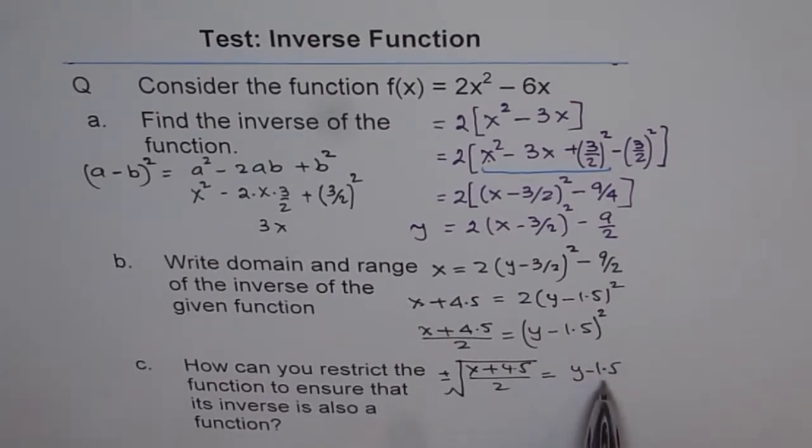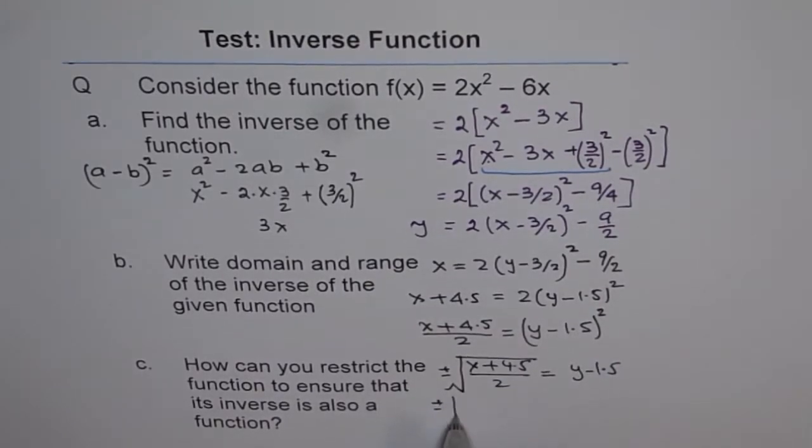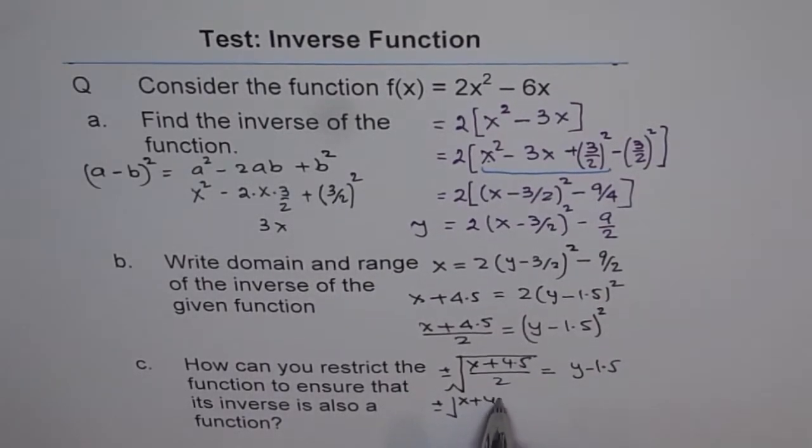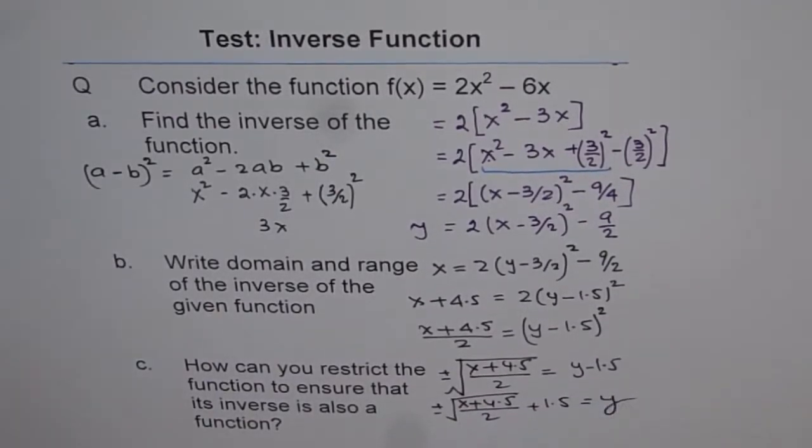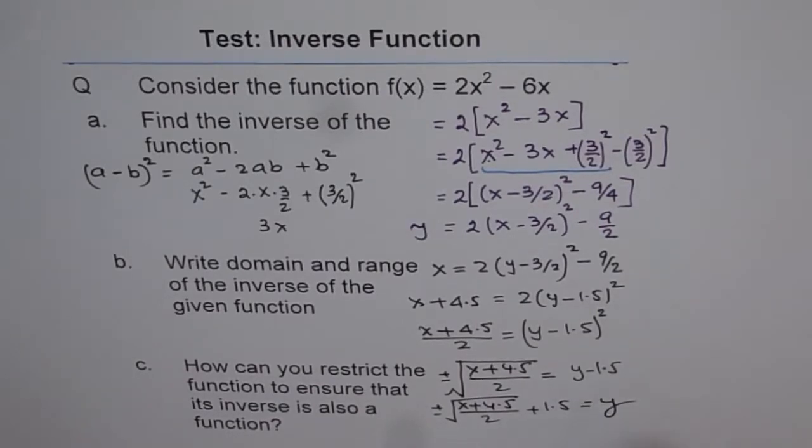Right? Now you bring this term, and so we get plus and minus square root of (x plus 4.5) over 2, plus 1.5 equals y. So we have isolated y, but you need to do completing the squares, and after this, you can write the inverse of your function.